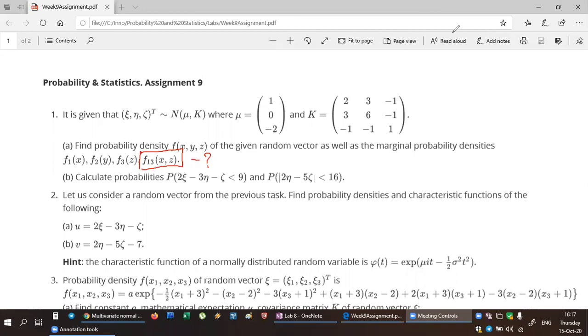Sorry, can I ask you a question? Yes, sure. So when calculating the determinant of the sigma, which is in our case K, should we calculate the determinant of the whole matrix, or do we take into account only 1 and 3? I mean xi and the last one, zeta.